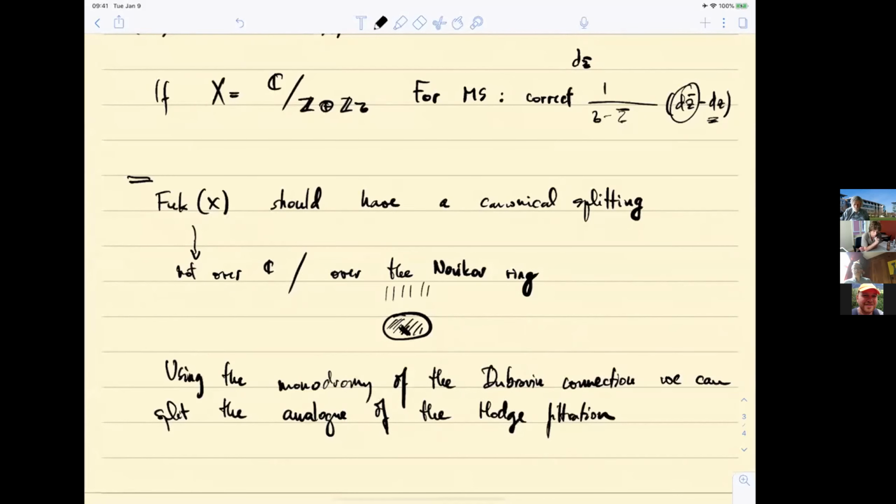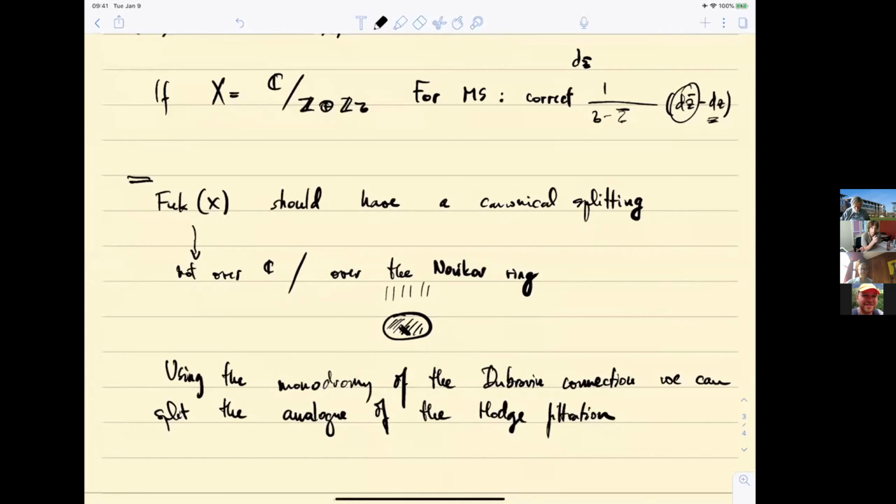So you might ask, okay, well, this is a little bit of an asymmetry. You're saying that the Fukaya category has a canonical splitting, while the derived category does not. But mirror symmetry is supposed to interchange these. So you should say, well, this is not right. And where this statement fails is that mirror symmetry really holds only after the choice of a large complex structure limit point.